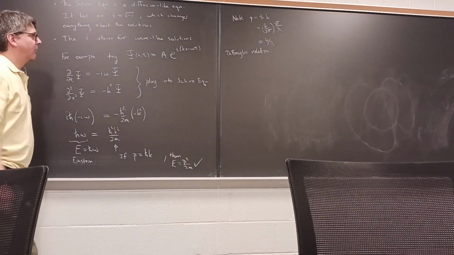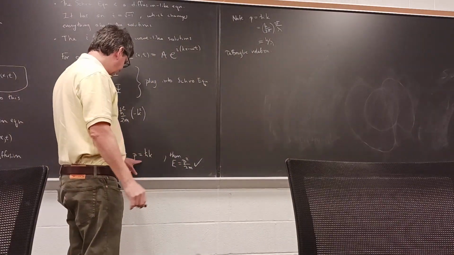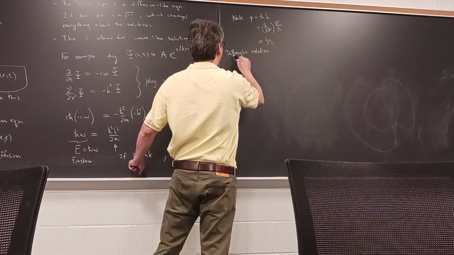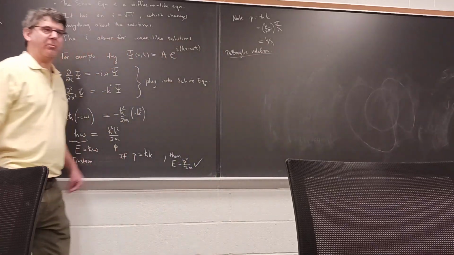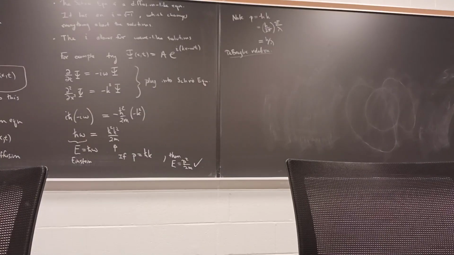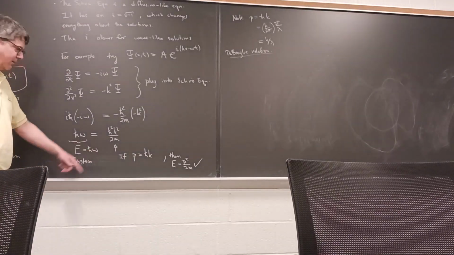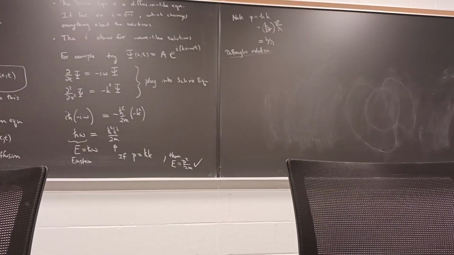I'm going from this assumption here, so we're using de Broglie's assumption for a particle, that a particle has a wavelength, and then Einstein's relation that the energy is related to the frequency of, say, light or a vibration, for example.